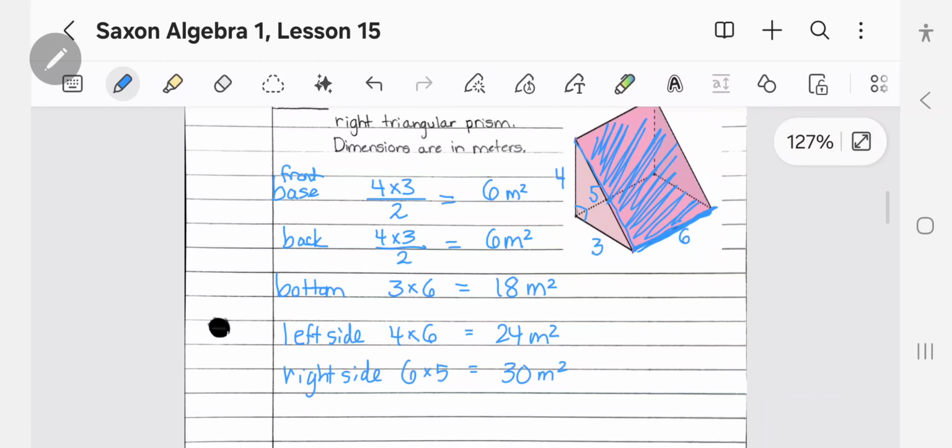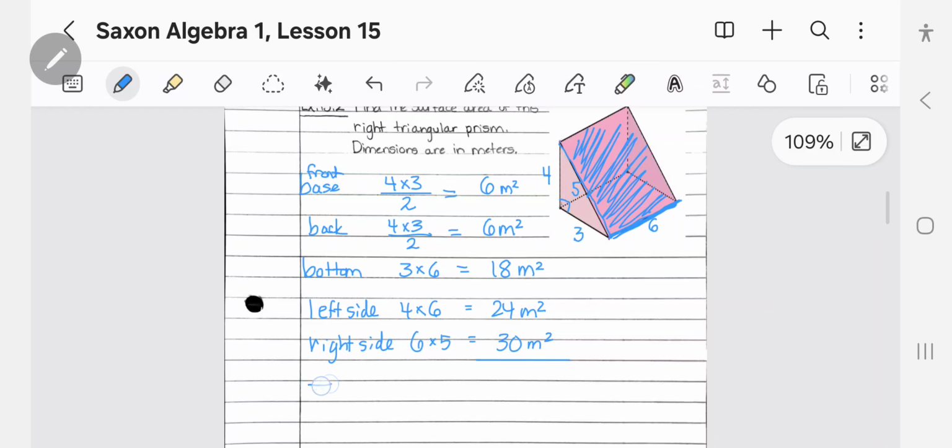So now to find the total surface area, we can add all of those up. I can see that I could add these two, and I'm going to get 12.